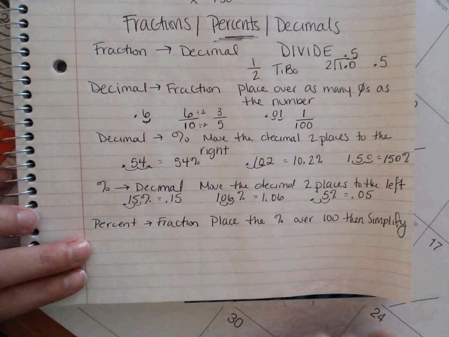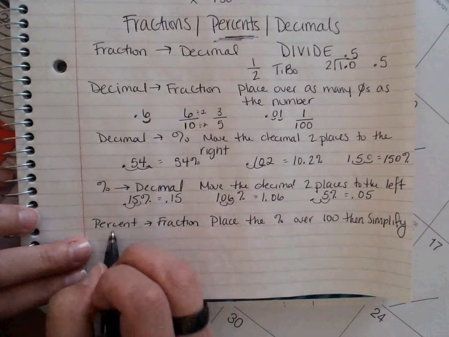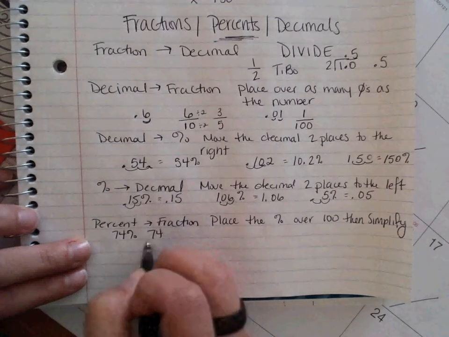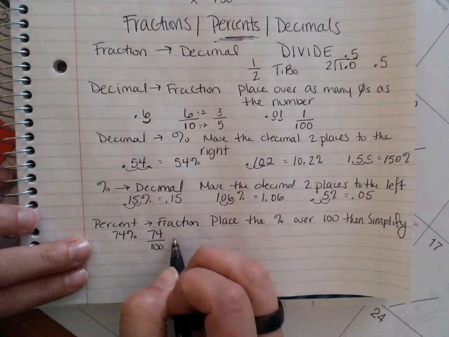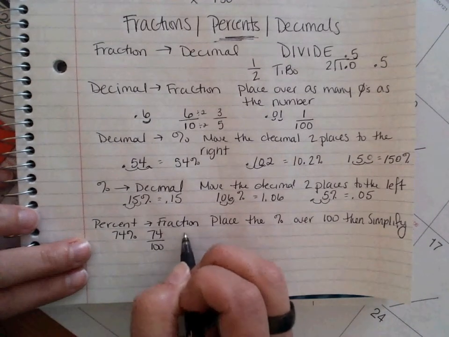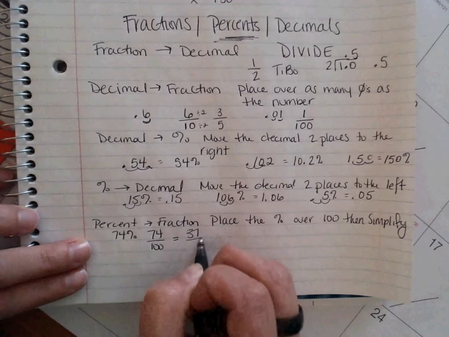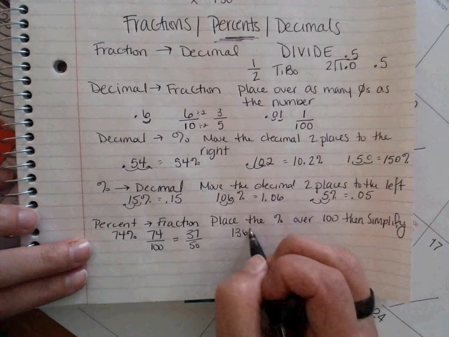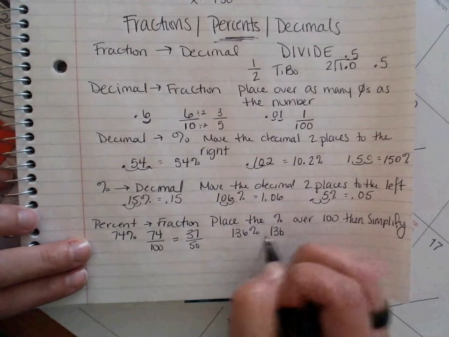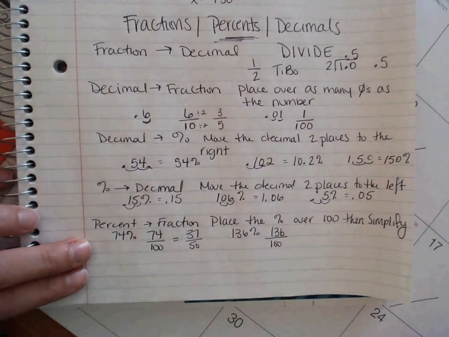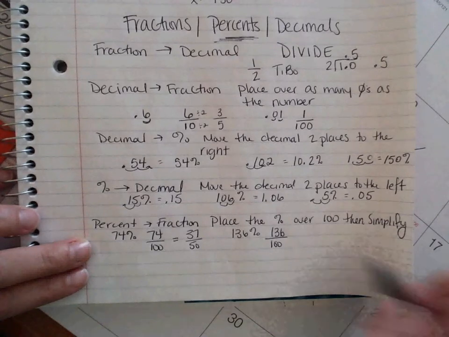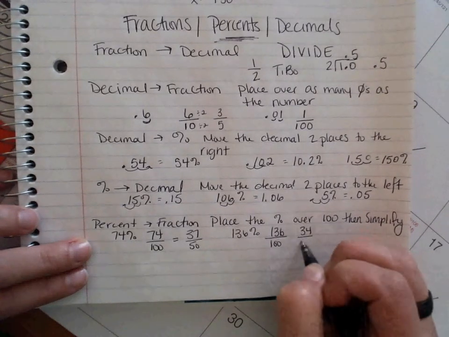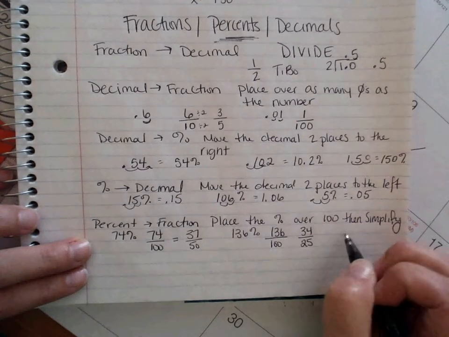So if I said, let's say 74%, I'm going to put 74 over 100, and then I'm going to simplify by dividing by 2, which will give me 37 over 50. If I would give you 136%, I'm going to put 136 over 100, and then simplify, divided by 4, which is going to give me 34 over 25.